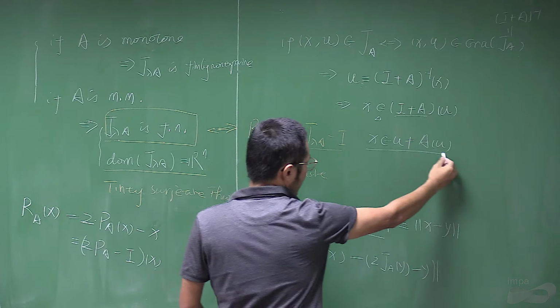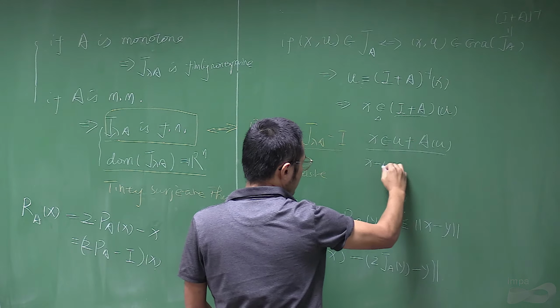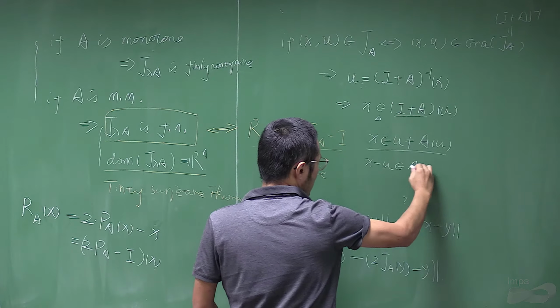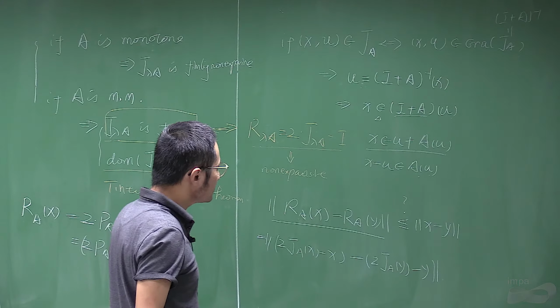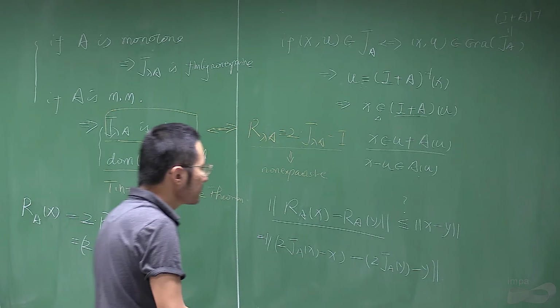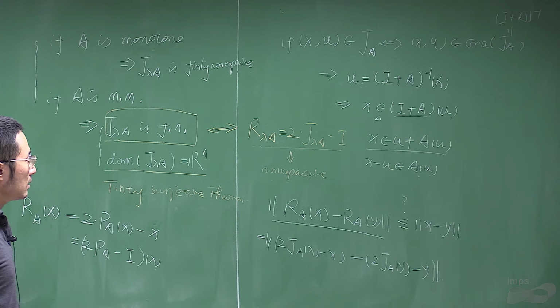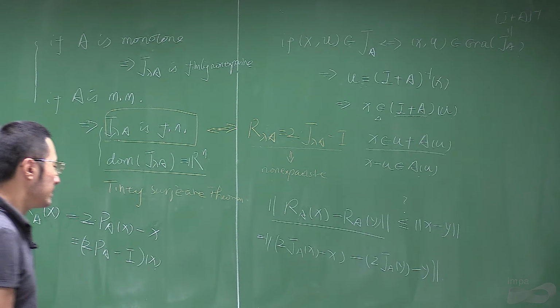From here we can see that x minus u also belongs to Au.